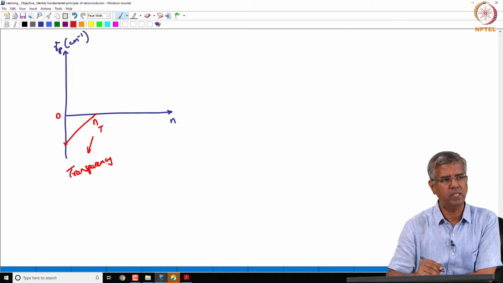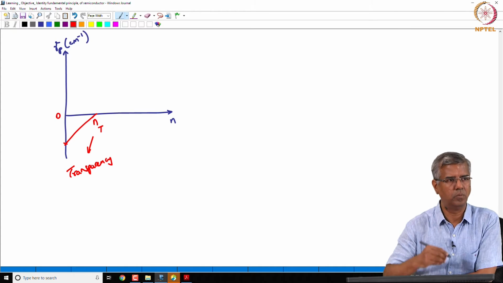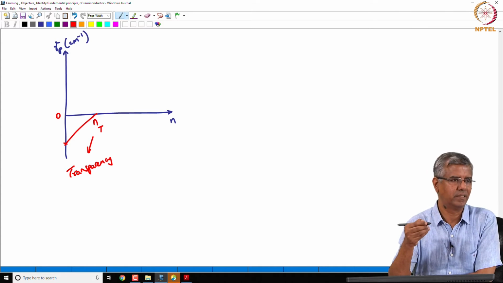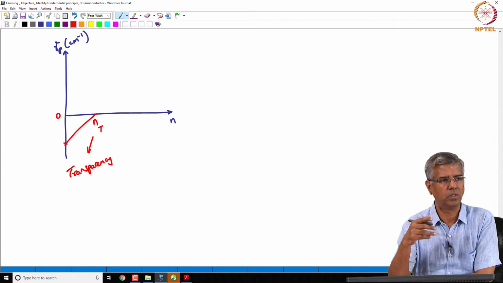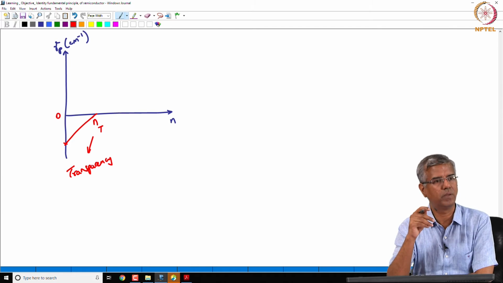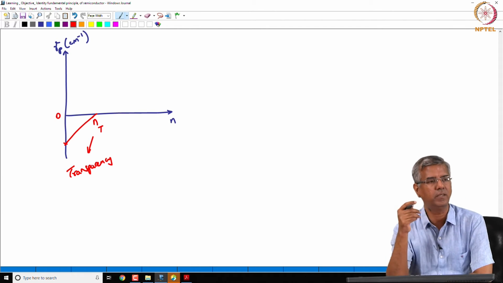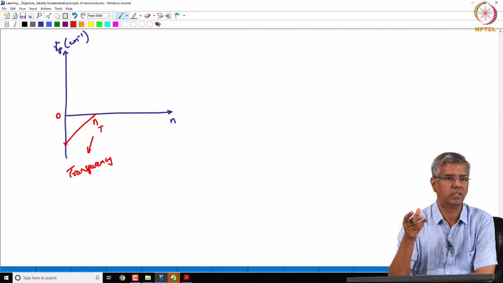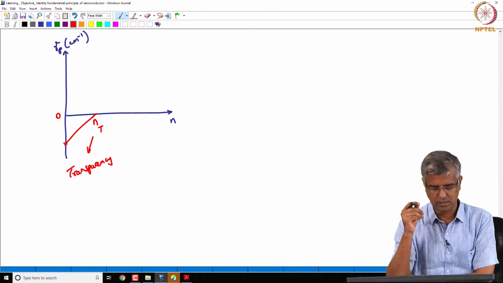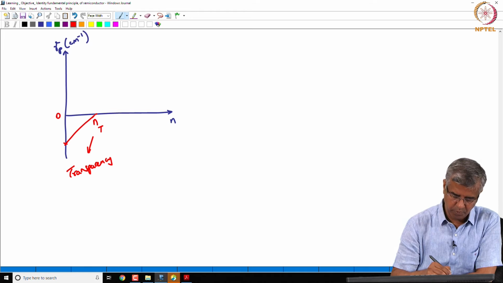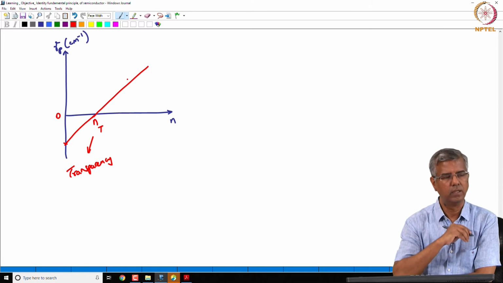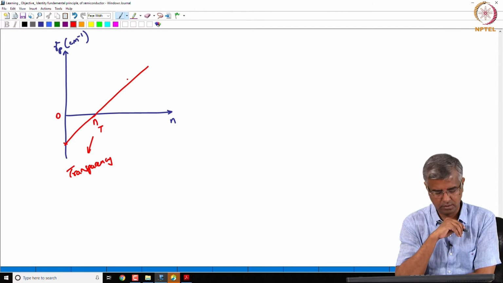At transparency, you have overcome the losses in the material, and you are starting to have a net gain beyond a certain level of electron density. And beyond that you can increase like this.